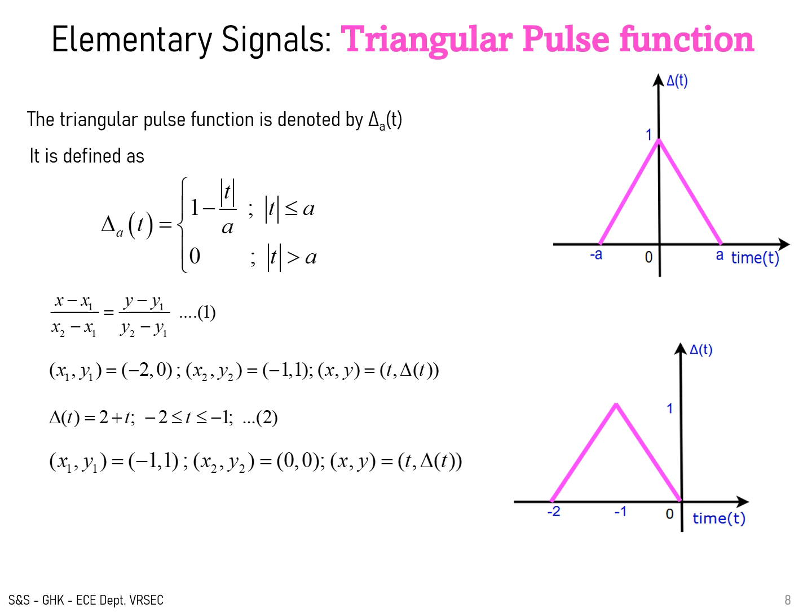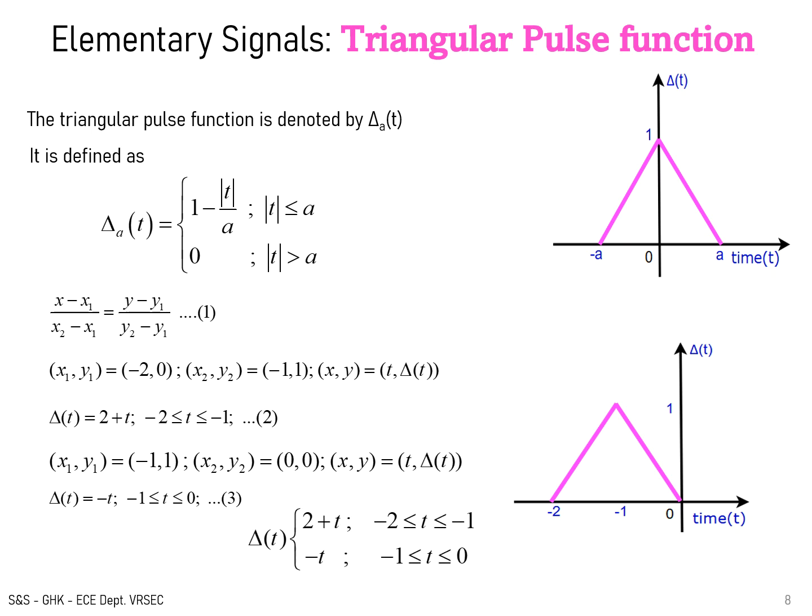Now considering the decreasing ramp function, the coordinates at t equal to minus 1 are x1, y1 equal to minus 1 and 1, and the coordinates at time t equal to 0 are x2, y2 equal to 0, 0, where x, y are t and delta of t. Therefore substituting these values in equation 1, we have delta of t equals minus t, where t is ranging from minus 1 to 0.